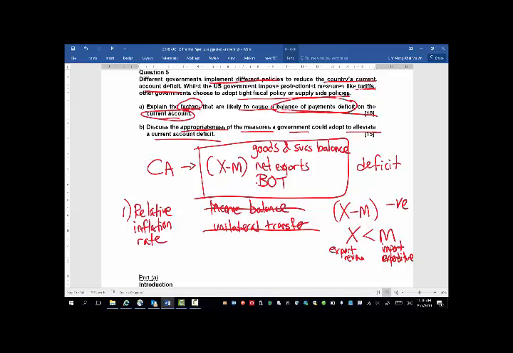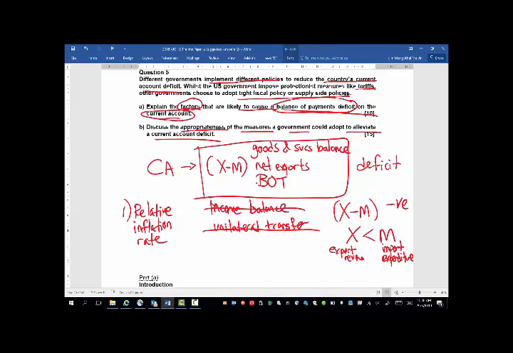How does this relative inflation rate affect your X minus M? So if we say that there's a deficit, how does relative inflation rate affect it? When we talk about relative inflation rate, what do we mean?